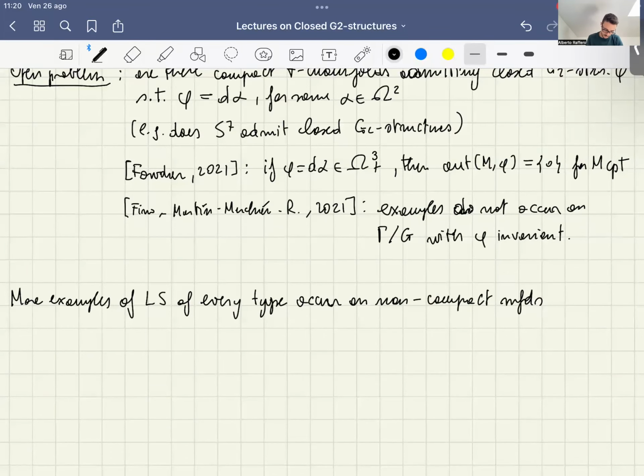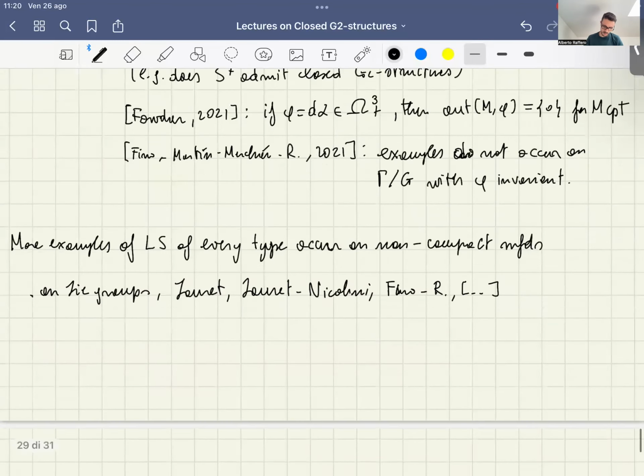And we have many examples that have been obtained, for instance, on Lie groups, that were obtained by Lauret, Nicolini, Anna Fino, and myself, and probably many other people. So this is, of course, a non-exhaustive list of results.